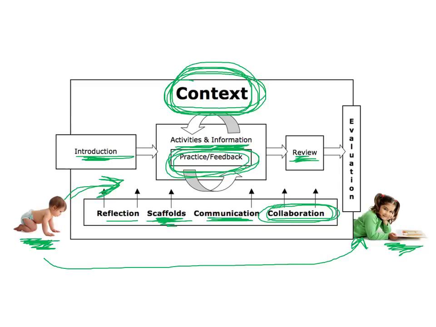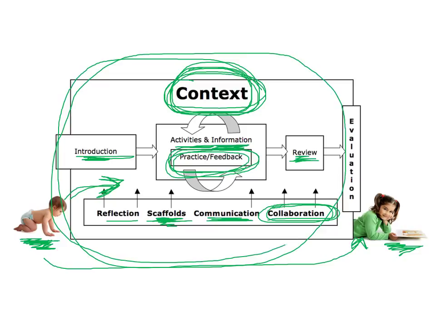All of these elements promote effective learning experiences, and surrounding all of it is context, probably the most important aspect of instructional planning. And context represents the collective variables that define who, what, when, where, why, and how a learner is going to learn something.